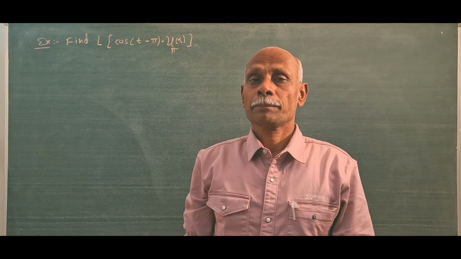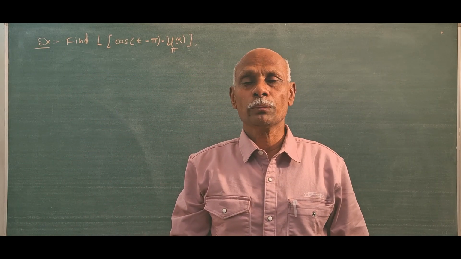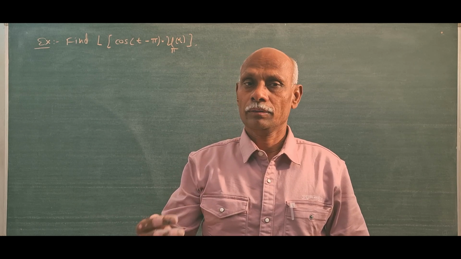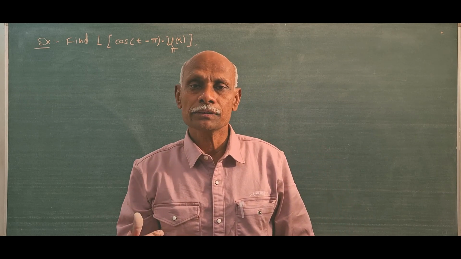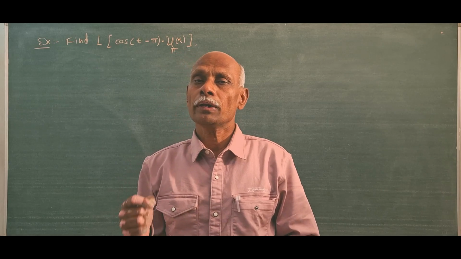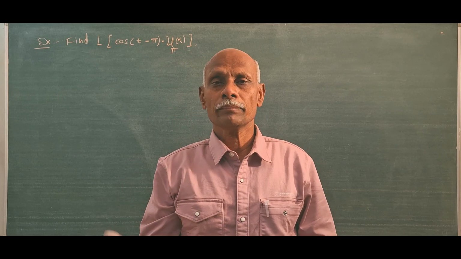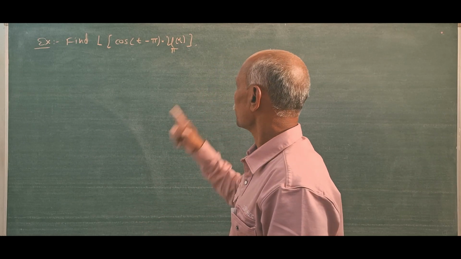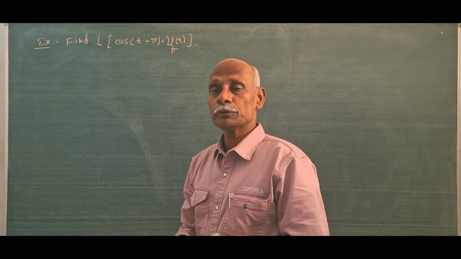In this case, u is supposed to be the unit function whose definition is given by 0 for t less than a and 1 for t greater than a. Now we will see how to find the Laplace of this by using the property.